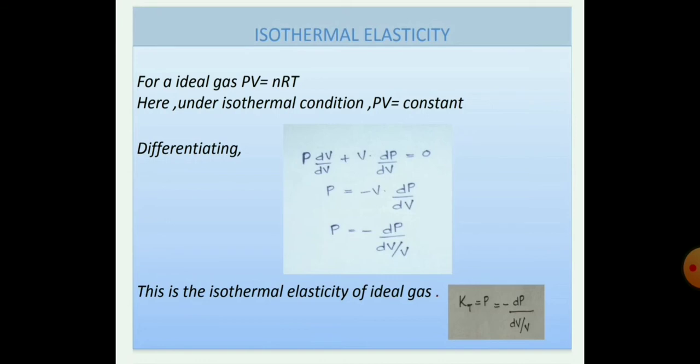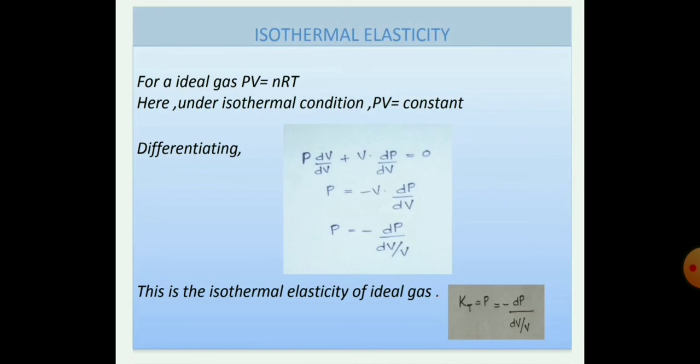On differentiating, applying the product rule, we get P into differential of the second term, that is dV by dV, plus V into differential of the first term, dP divided by dV, is equal to 0. P is equal to minus V into dP divided by dV.